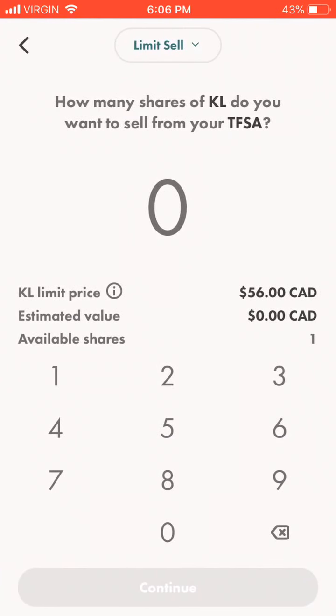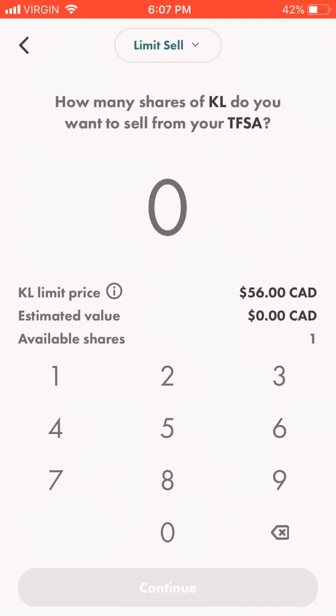It's up to your choice whether it is below or higher than the current market price on limit sell. Just remember that if it is lower, it's most likely going to be filled immediately.